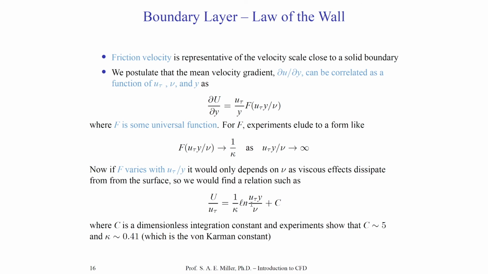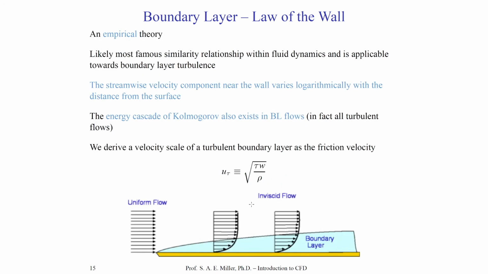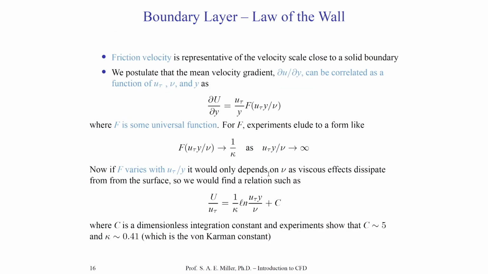For any particular x position on the plate, u tau would be constant. That's, of course, related to the shear stress at the wall, right? And the density at the wall. So y would only be increasing. So u is really a function of y in this particular equation for some particular values of u tau and viscosity. Now it turns out that we can derive and find constants for this particular equation given certain conditions of the fully turbulent flow and assumptions.